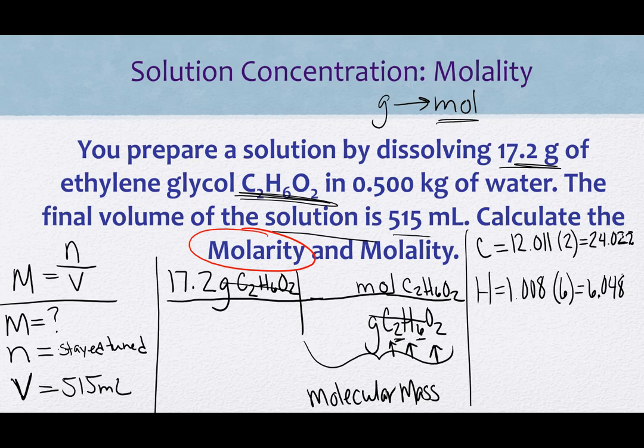6.048. And lastly, I'm going to do oxygen. So I go to the periodic table and I see the oxygen is 15.999. I've got 2 of them in my molecule. So 15.999 times 2 is 31.998.